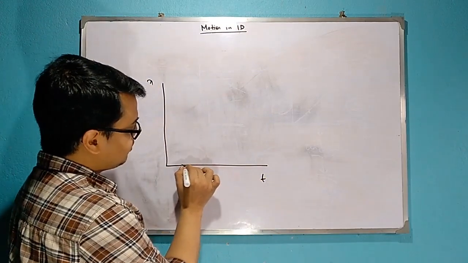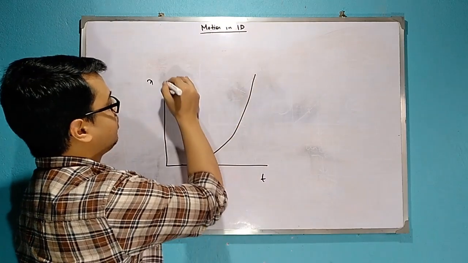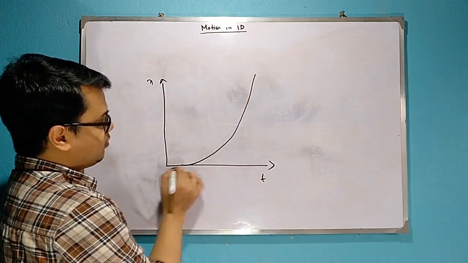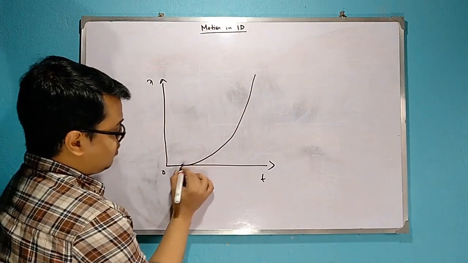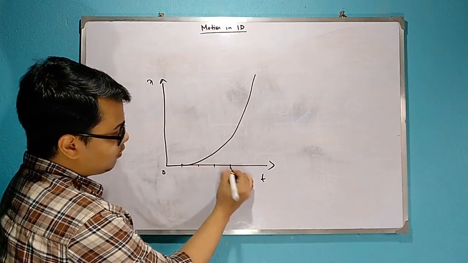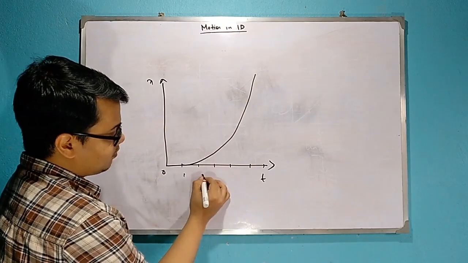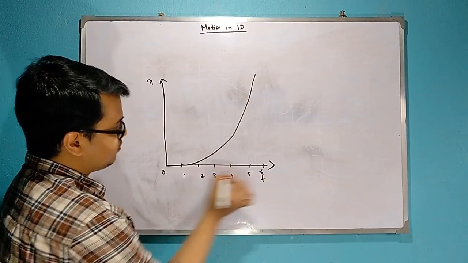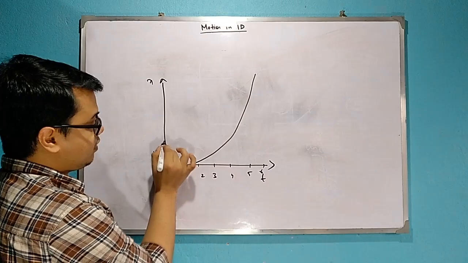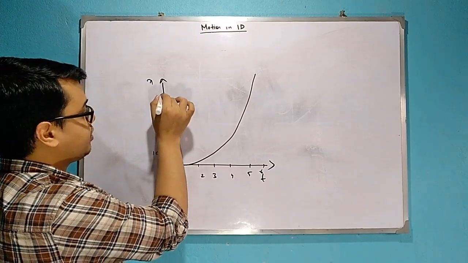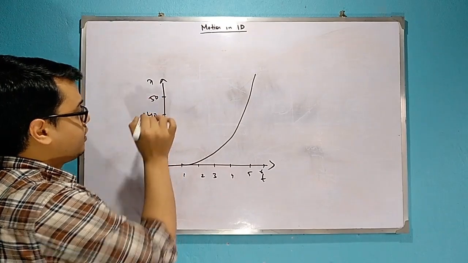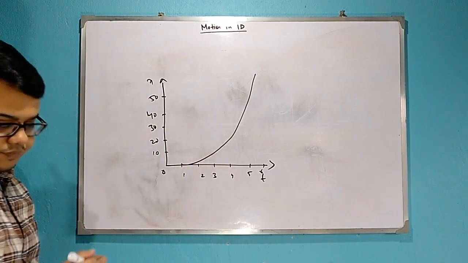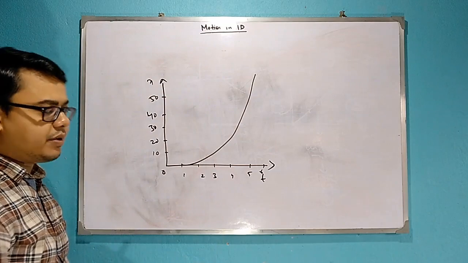Suppose the time axis is 0, 1, 2, 3, 4, 5, 6, and the position axis is 10, 20, 30, 40, 50. Okay. So this is an x-t graph. The unit can be anything.